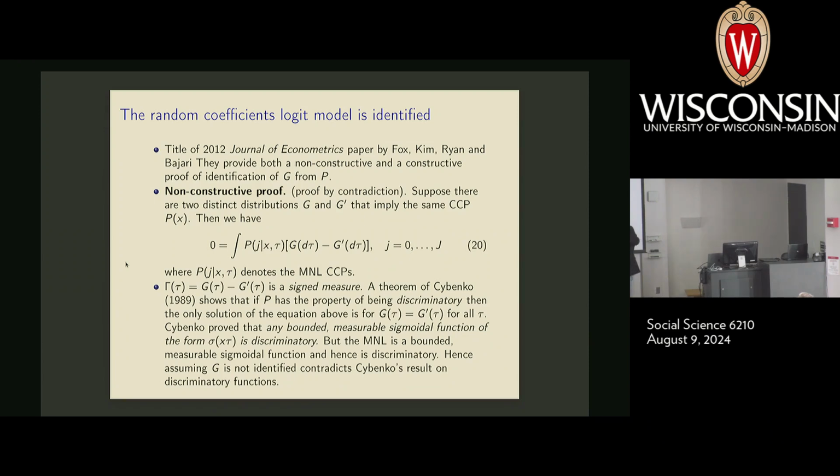They have some curvature, and they can discriminate. And what he showed is that for any squashing function of this form that's discriminating, the only solution is for this to be 0, i.e. there's only one solution, so that the G function is identified.